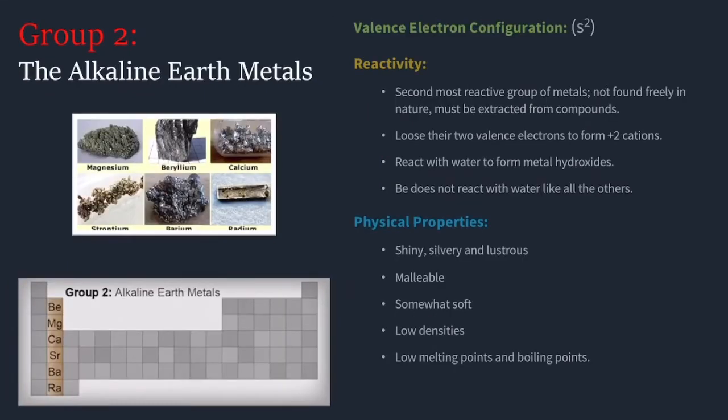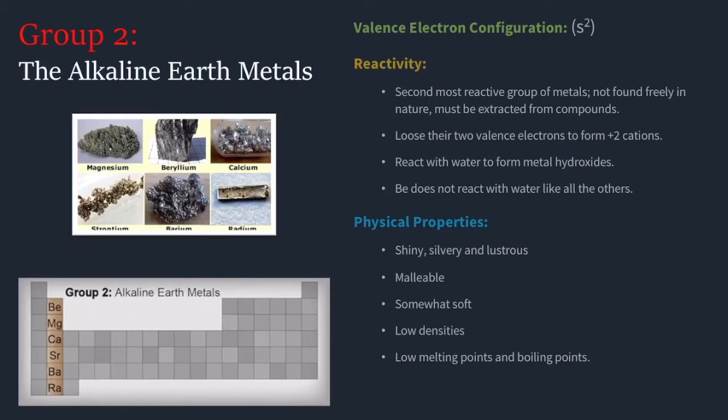All right, the next group is group 2. These are the alkaline earth metals, and they are the second most reactive group of metals. Again, just like the alkali metals, these are not found freely in nature. Just because they're so reactive, we have to actually extract them from other chemical compounds that they're found in. These metals tend to lose their 2 valence electrons.